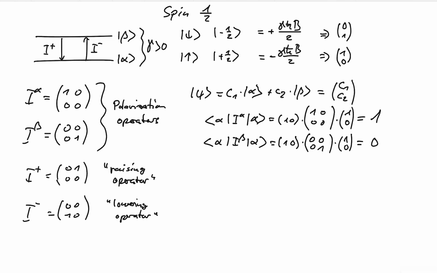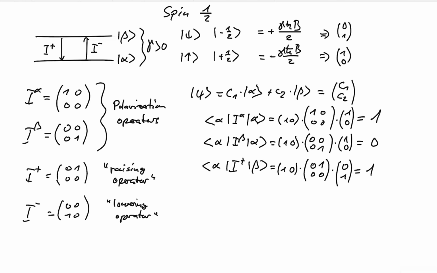On the other hand, if you want to look at the transfer from spin beta to spin alpha, for example, which would be the plus transition, then we have here beta going to alpha state, and the operator I plus would be the corresponding transition operator. Then here we see when we do the vector and matrix multiplications, we have 1, 0 times 0, 1, 0, 0 times 0, 1 in this case. And this is indeed 1, as it should be.